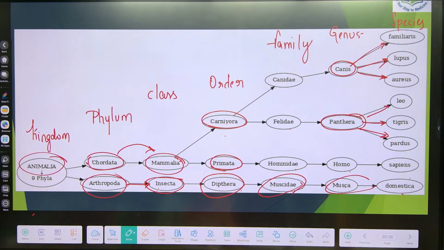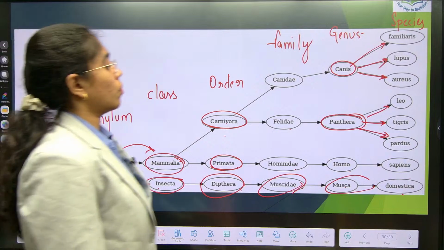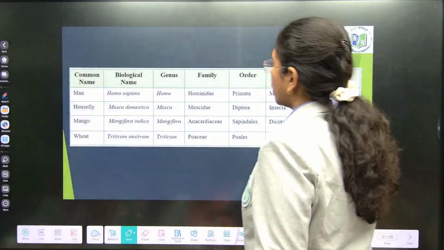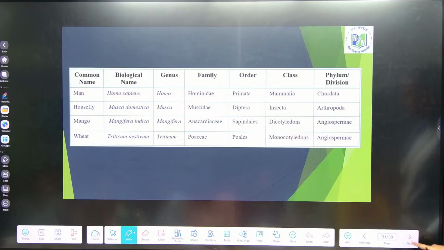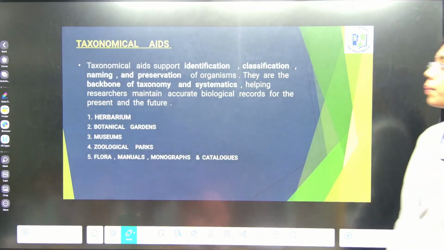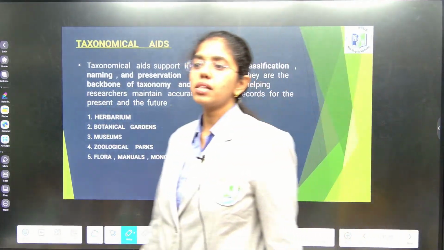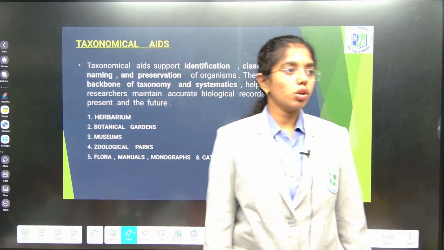Done? This is the table which is already included in the two charts which I have given. Now, taxonomic aids. Why are taxonomic aids needed and why are they useful?